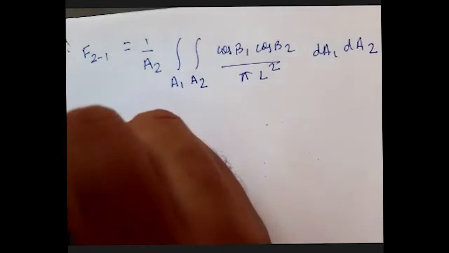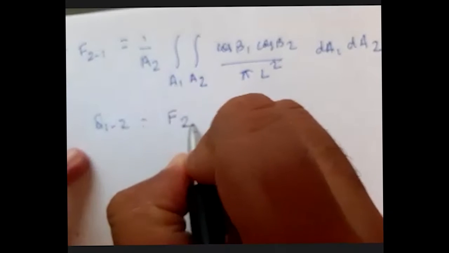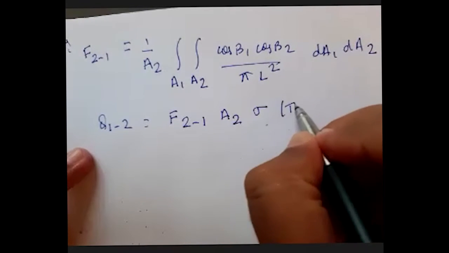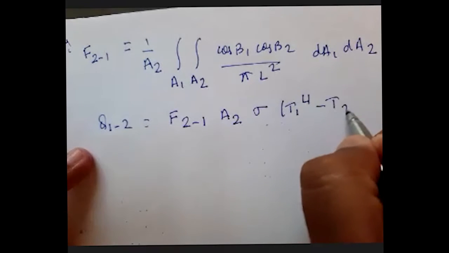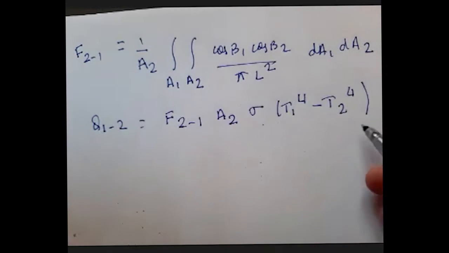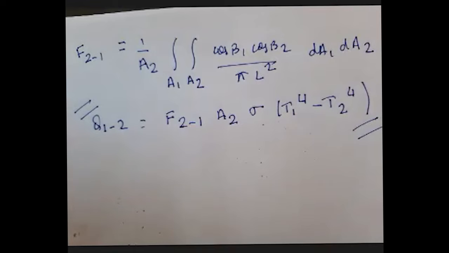So if I substitute, I have Q1 to 2, it is F2 to 1 into A2 into sigma into T1 raised to 4 minus T2 raised to 4. This is the heat exchange rate by radiation between two finite surfaces which are black. The surface which we have considered is a black surface.